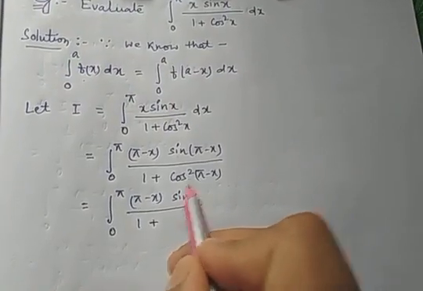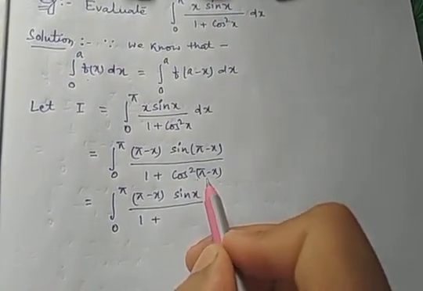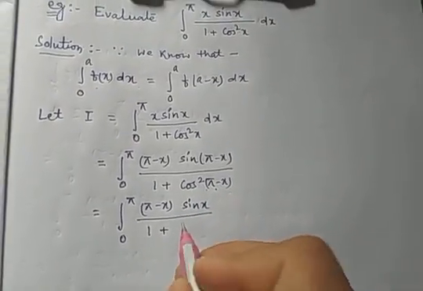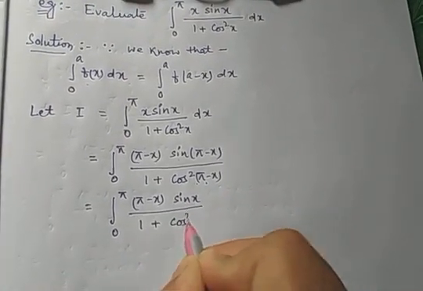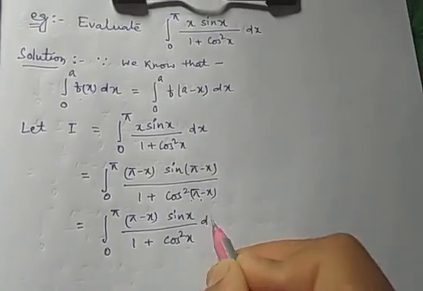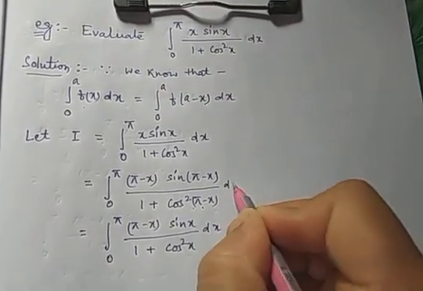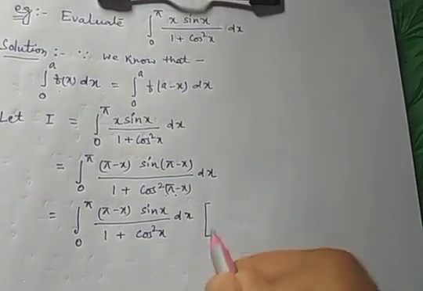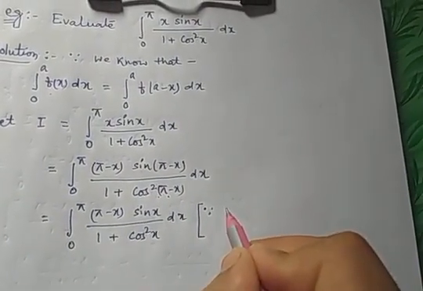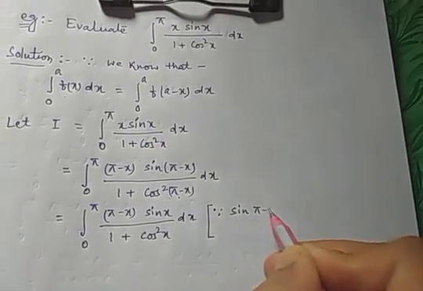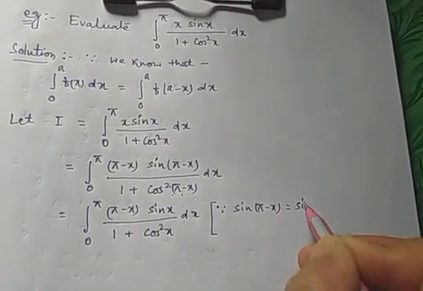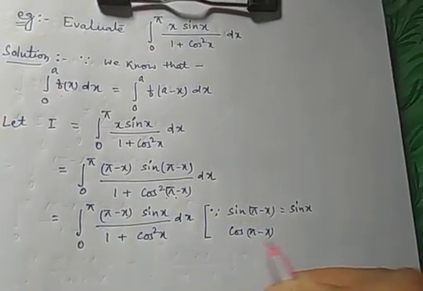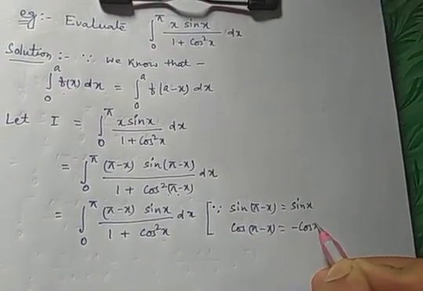We know that cos(pi minus x) is equal to minus cos x, and finally it will be cos square x, and there will also be dx here. Now since sin(pi minus x) is equal to sin x and cos(pi minus x) is equal to minus cos x.